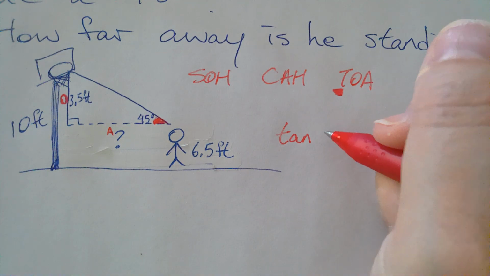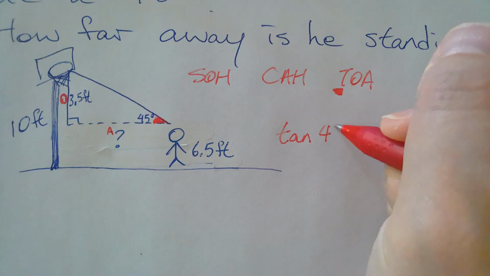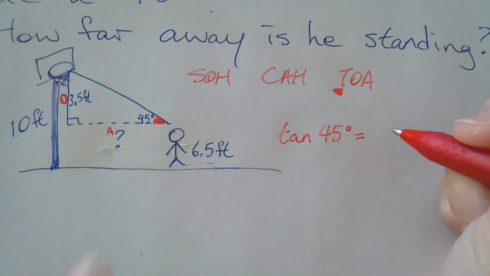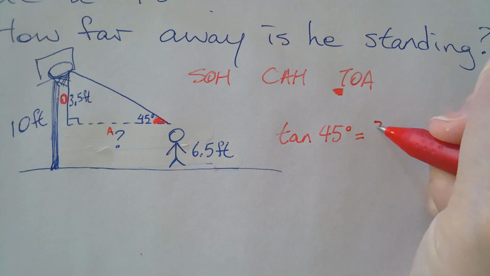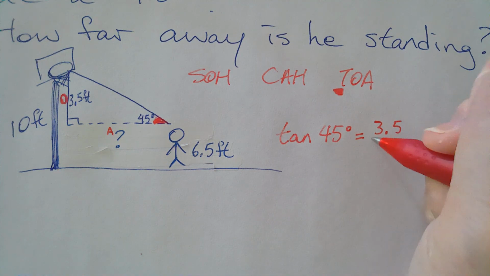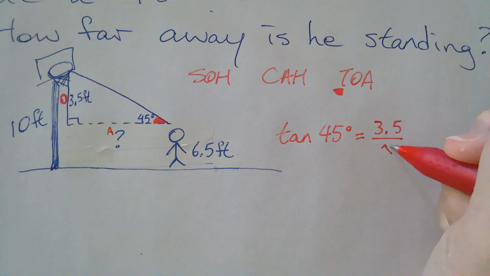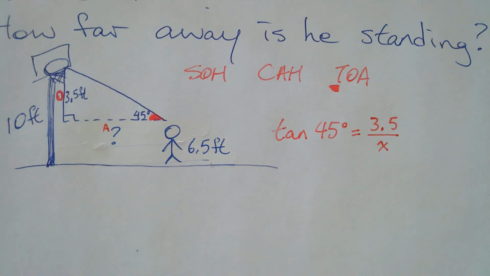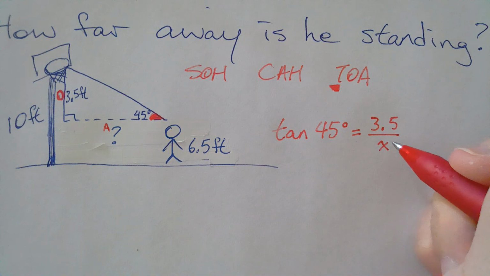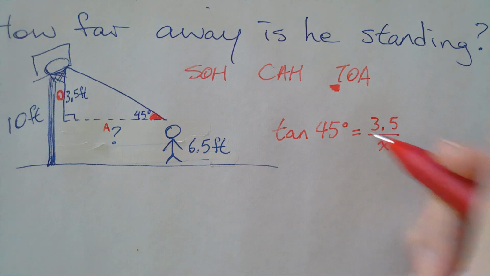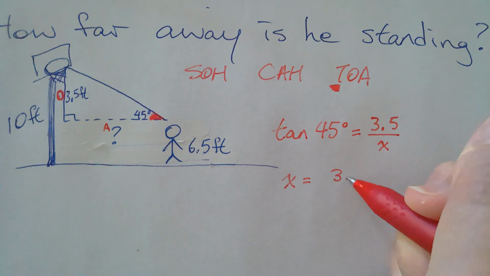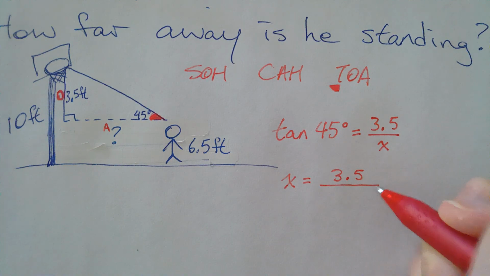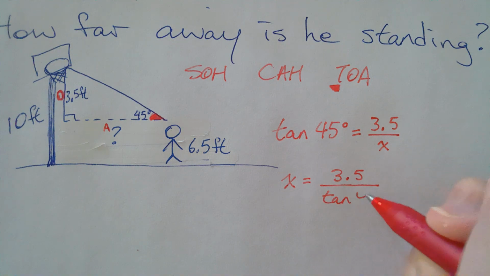What's my angle? Tangent of the angle equals opposite over adjacent. What's opposite? And what is adjacent? A or X, the unknown. Since my X is on the bottom, I know I'm dividing. So X equals 3.5 divided by tangent 45 degrees.